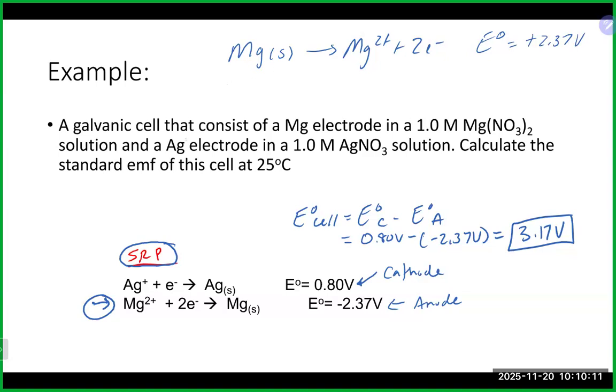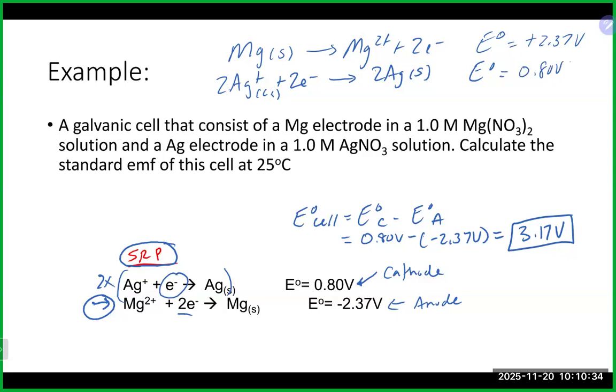And this guy here would need to be multiplied by 2, as we have 2 electrons there. So we multiply that by 2, which gives us 2 silvers plus 2 electrons goes to 2 silvers. The other thing we talked about is that if you need to multiply a half reaction by a common number, it will have no effect on the SRP value that you find in that table. So it will still be 0.8 volts in this case.